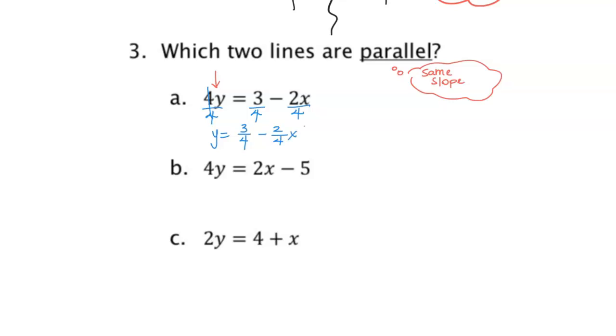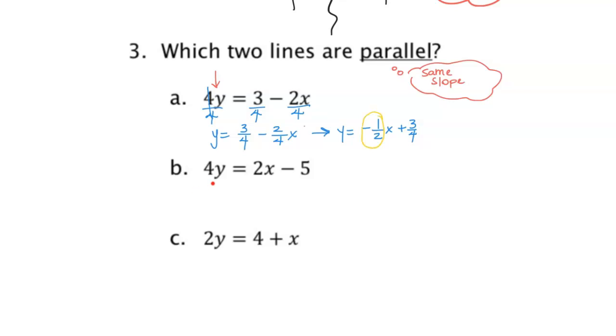Okay, that 2 over 4x can be simplified. So really this equation would be y equals negative 1/2 x plus that 3/4. And I just rearranged it to put the slope in front and then the positive 3/4 on the back end. But here our slope would be a negative 1/2.